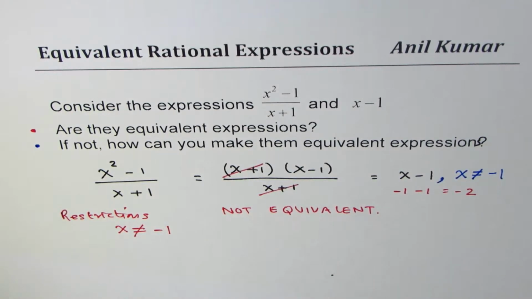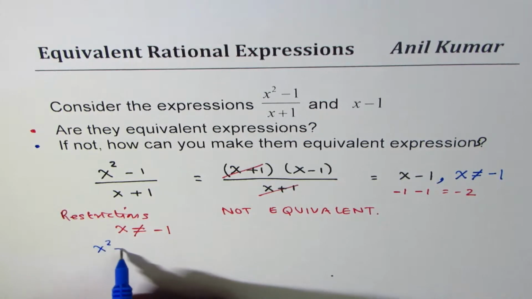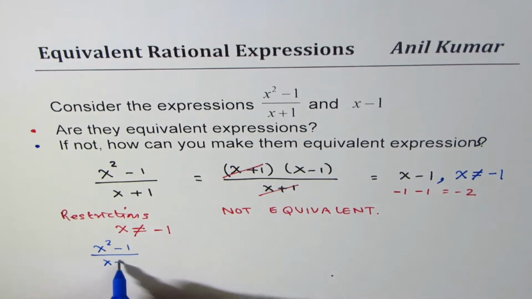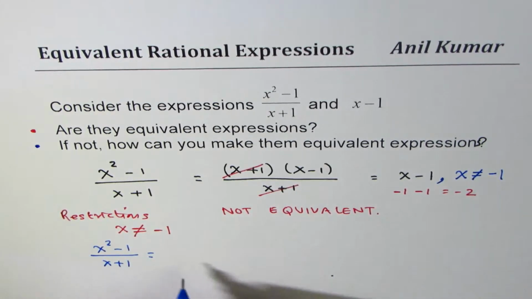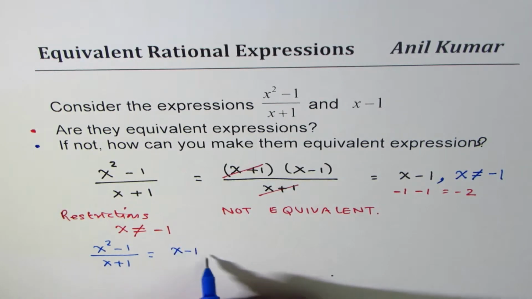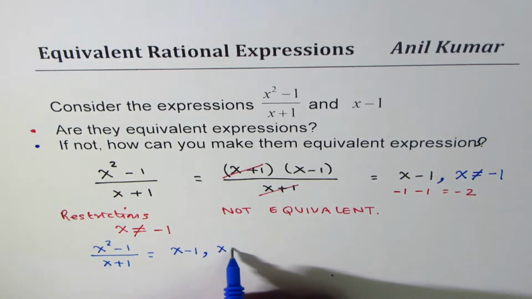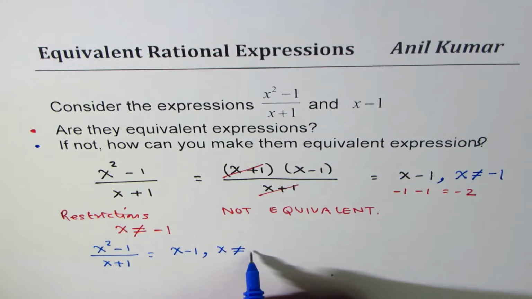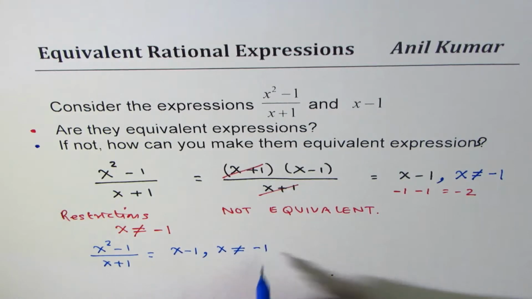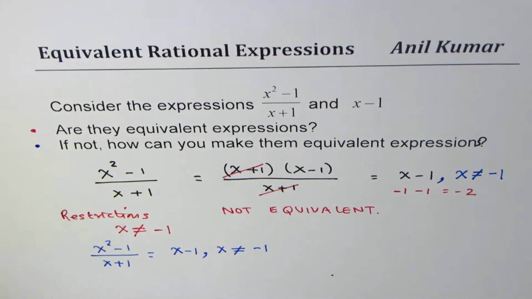That makes it equivalent. So now, if we write (x squared minus 1) over (x plus 1) as equal to x minus 1, where x is not equal to minus 1, we say they are equivalent.